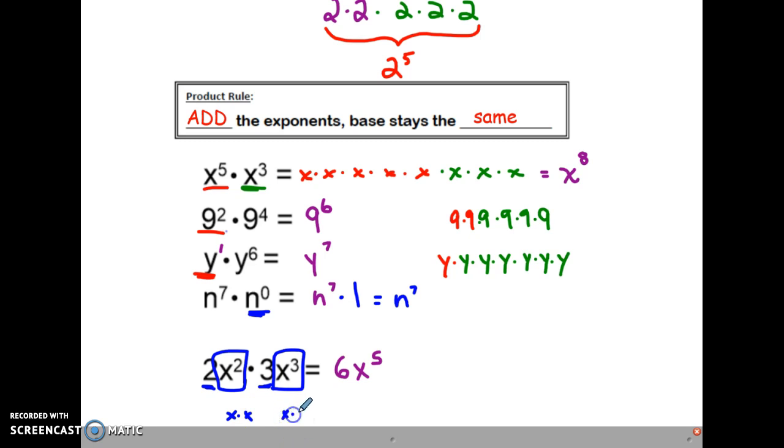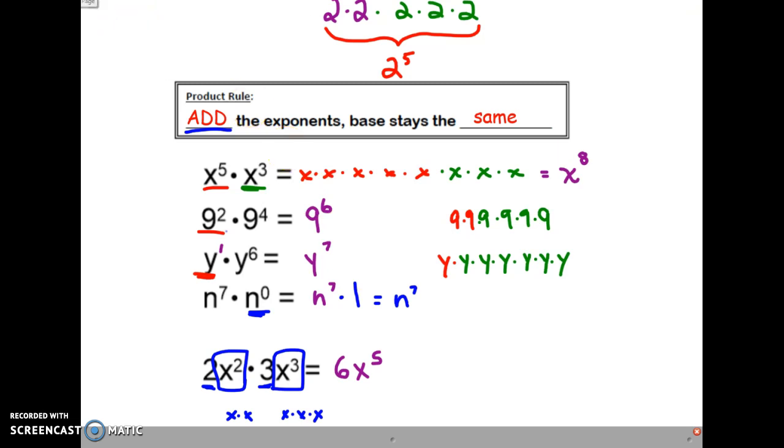So once you set them all up, you'll see that we only have 5 of the x's. So x to the 5th, and the coefficient, remember the number in front, is going to be a 6, because 2 times 3 gives us 6, but we don't actually multiply our exponents, we always add our exponents when we have a problem like this. So that one you probably missed, but that's okay. It's really a question for algebra next year.